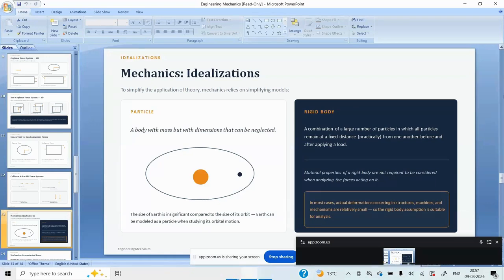For example, a lathe machine or a big machine: you are working on the machine, but the machine does not move. That is a rigid body. In that machine, n number of forces are applied and n number of motions are there, but the machine does not move. Get it?